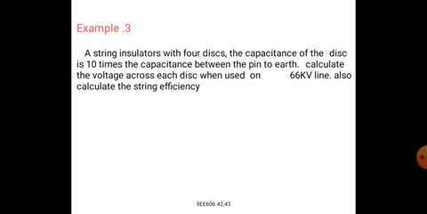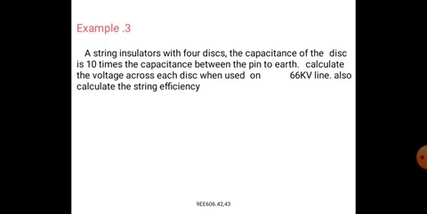Third problem, a string insulator with 4 discs. The capacitance of the disc is 10 times the capacitance between the pin to earth.